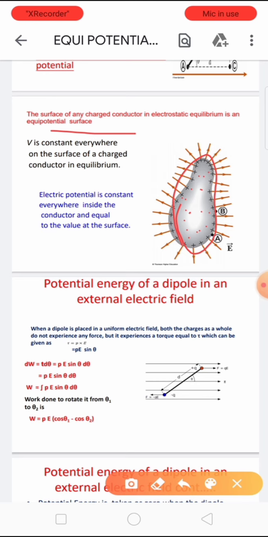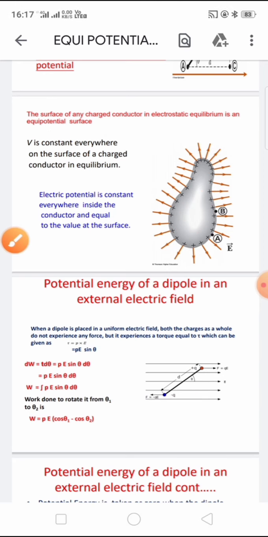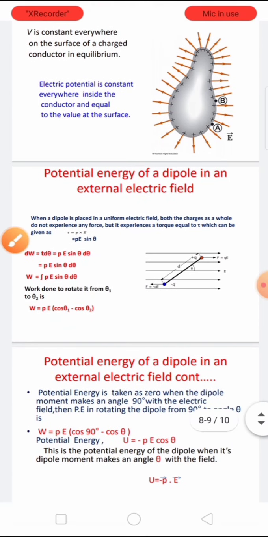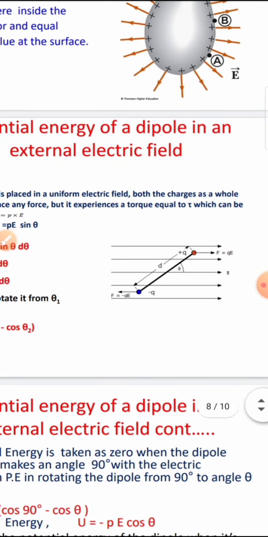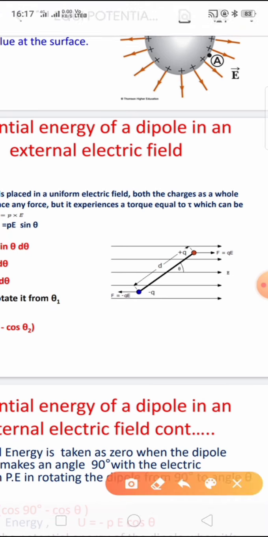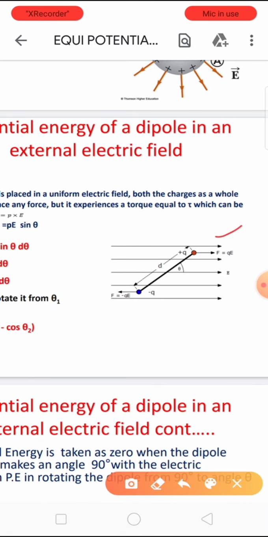If a dipole, minus Q and plus Q, is placed in an external electric field E, then this plus Q experiences force QE, minus Q experiences force minus QE. So the net force on the dipole is 0, and the dipole experiences a torque. The torque tau is equal to PE sin theta.